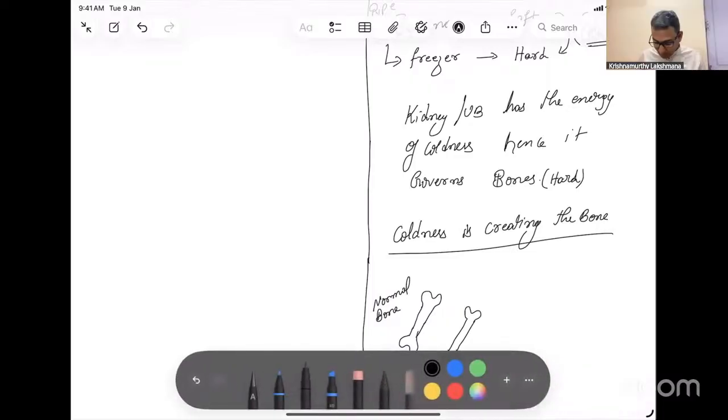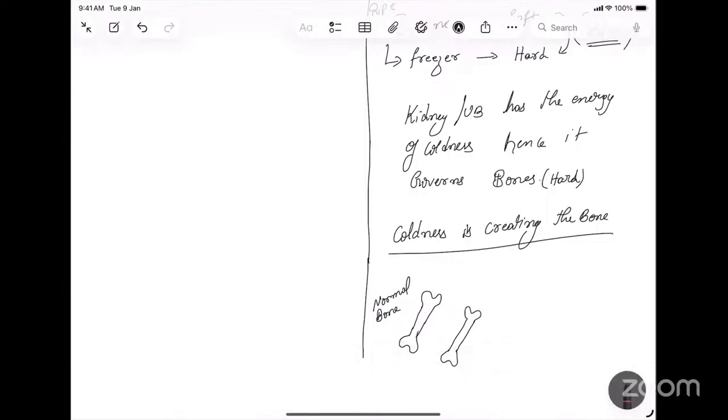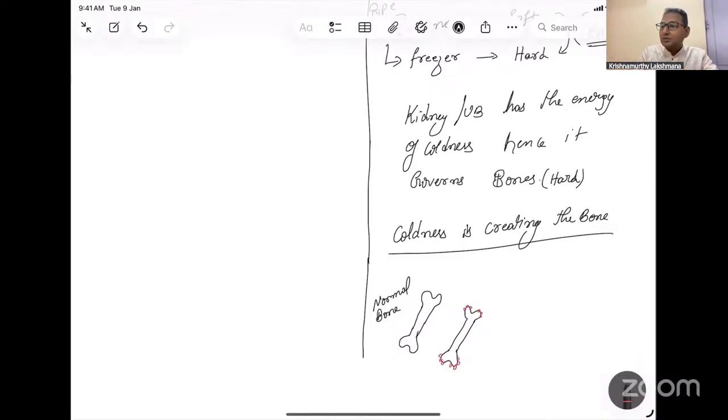What happens to the edges? The edges swell, the edges become overgrown. There is extra bone in the edges.